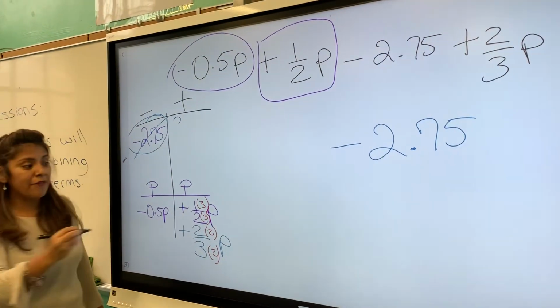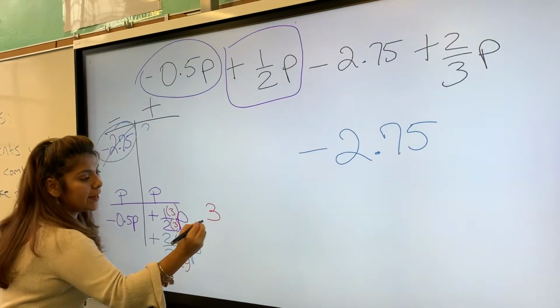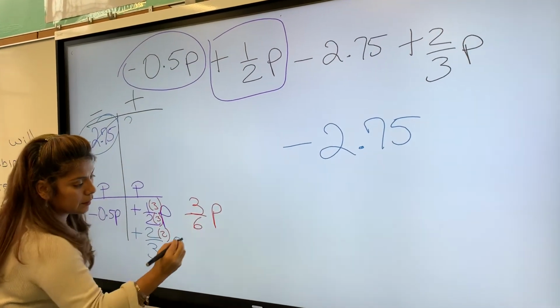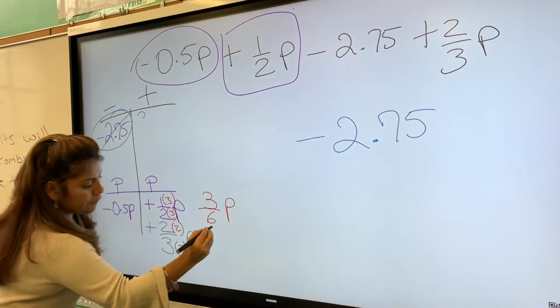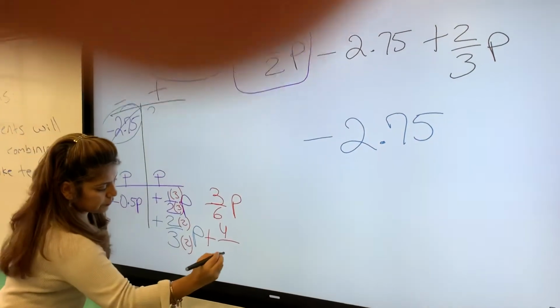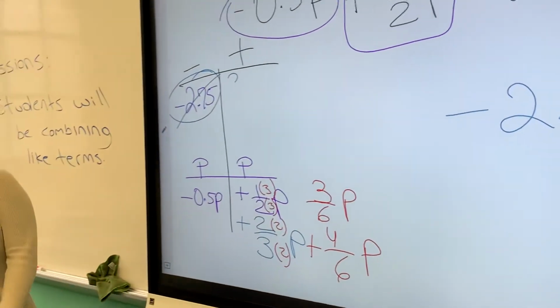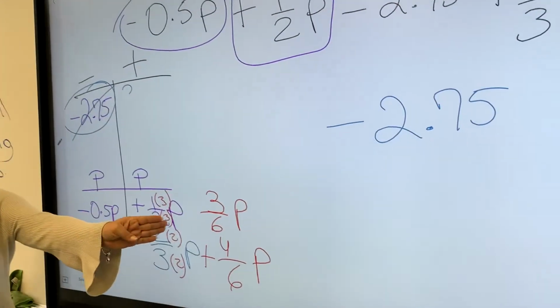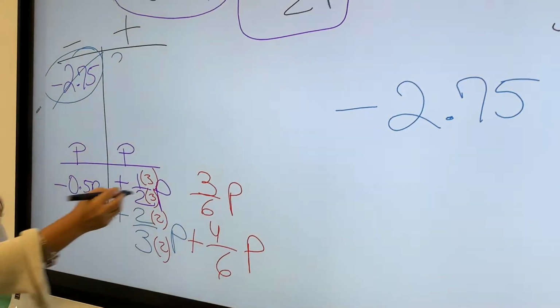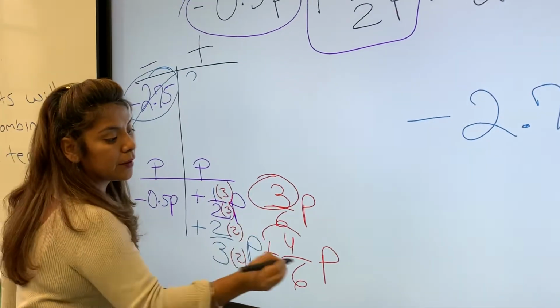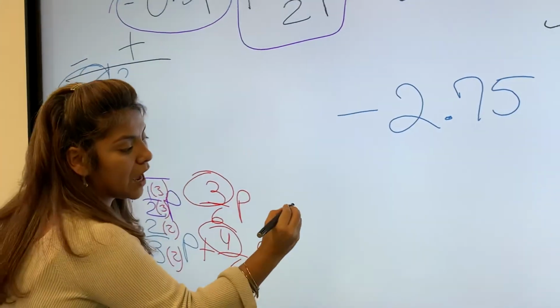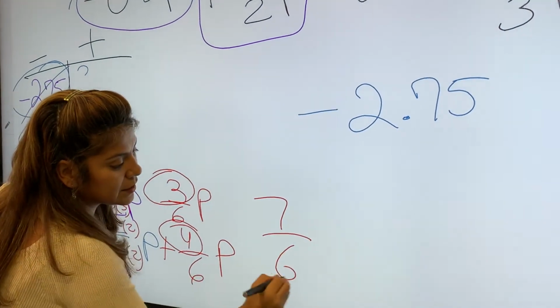So what I'm going to have now is 3/6P plus 4/6P. Okay? Now that I have the same denominators, I'm going to add my numerators, which will give me equals to 7/6P.